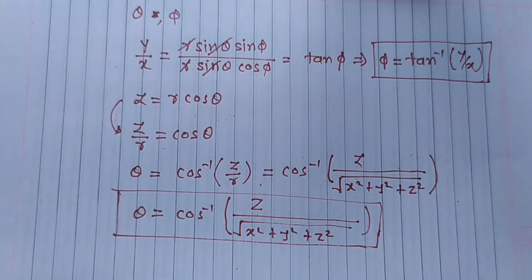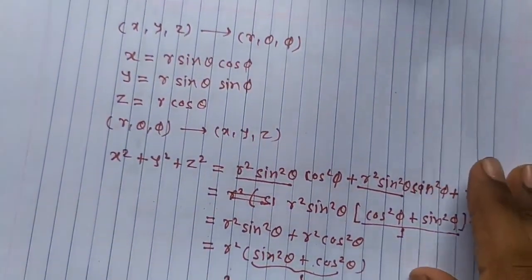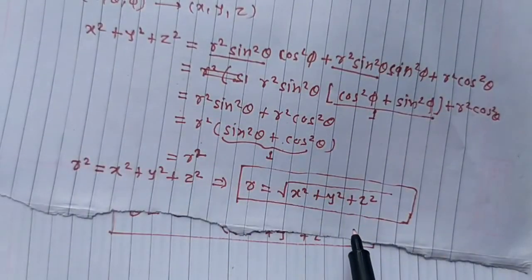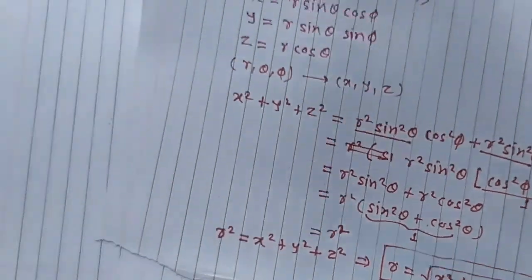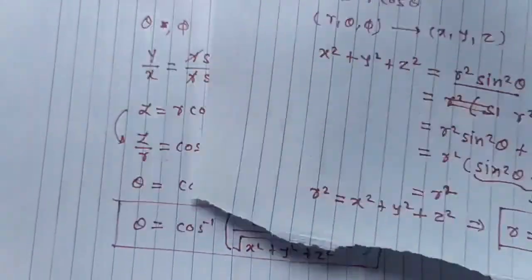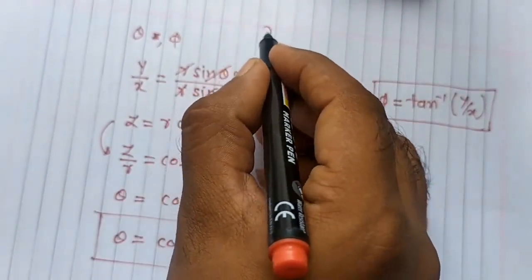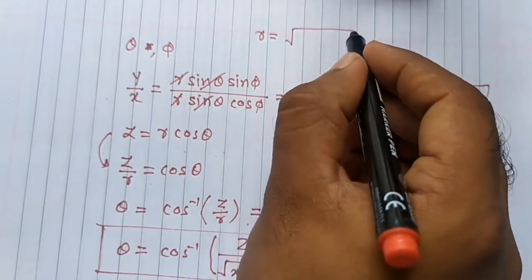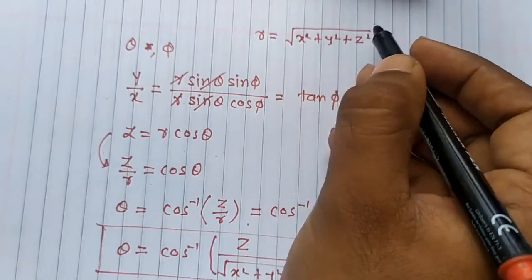Now we will put limits on these values, from where to where each can go. Here you can see r was root of x square plus y square plus z square.